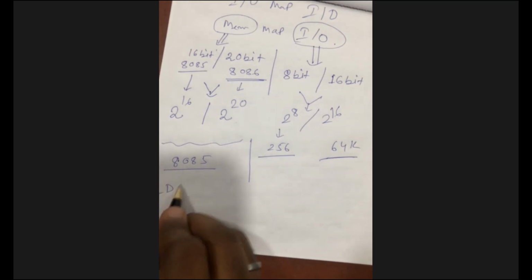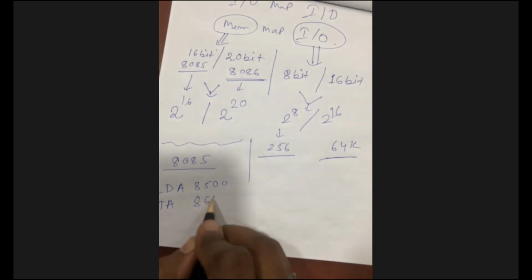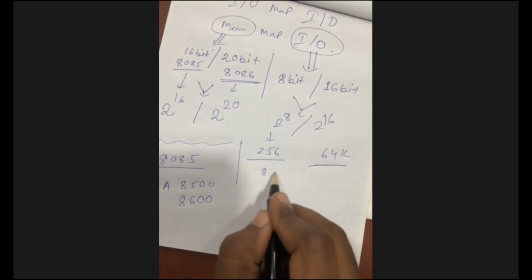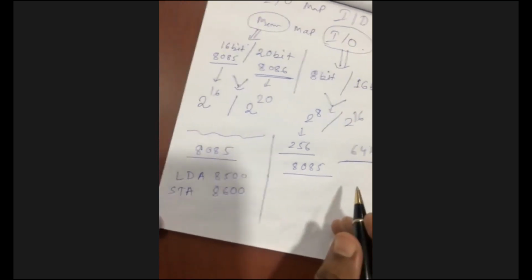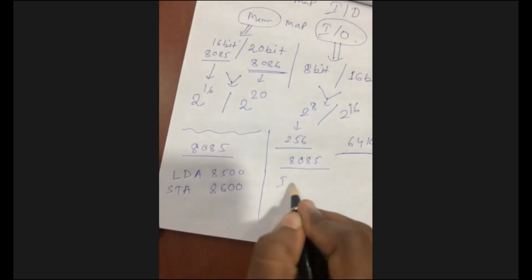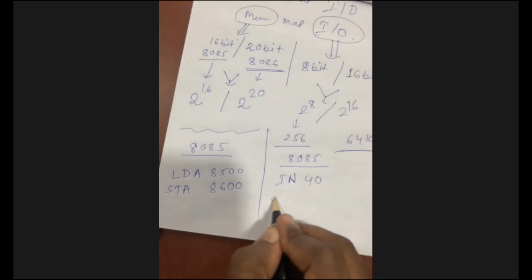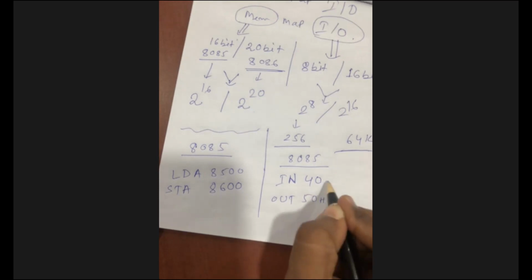Like LDA, STA, say 8500, 8600, something like that. And in 8085, what are the instructions like IN 40, OUT 50, etc.